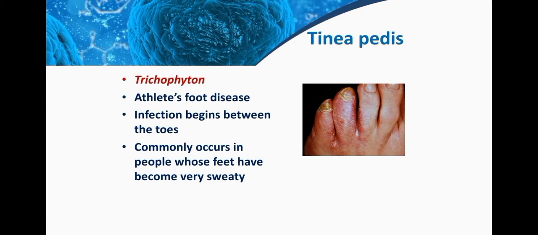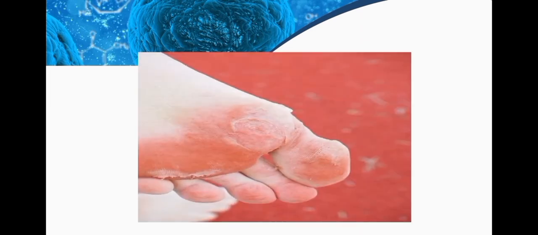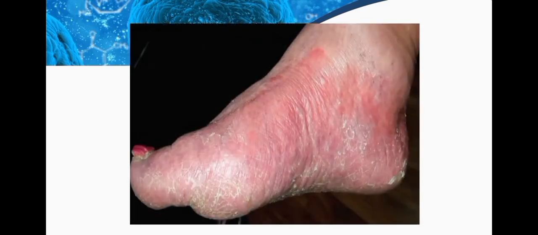It creates the presence of sweat or moisture which enhances the fungal infection. And this is the reason it is also known as athlete's foot disease. See this image. You can see how badly the toes and the skin are affected. If it is left untreated, it spreads over the entire foot.